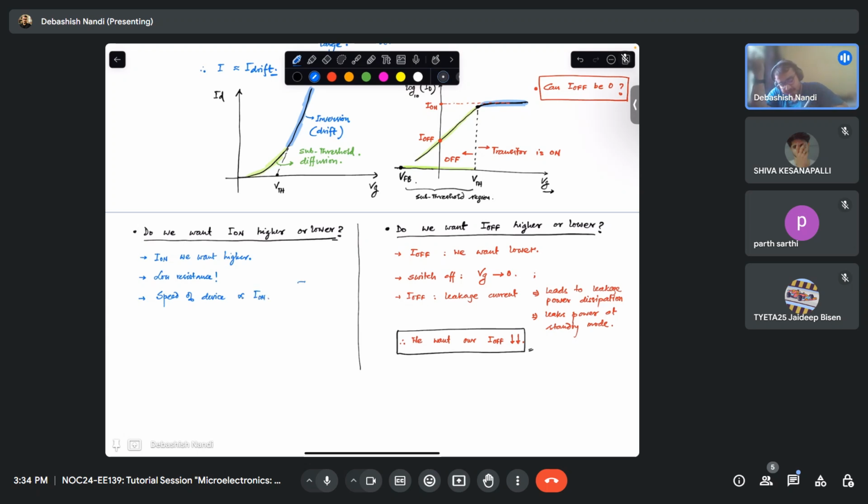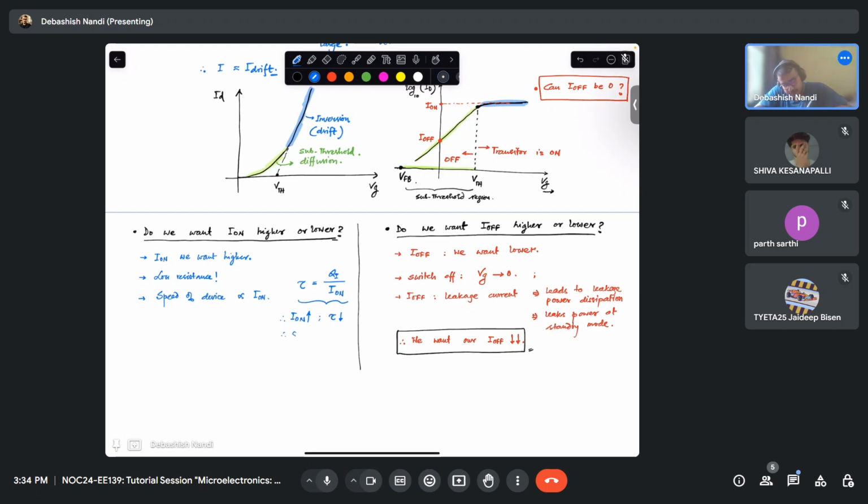How? Let's say tau is your delay. That is the inversion charge buildup versus your Ion. So if your Ion is higher, your delay will be lesser.